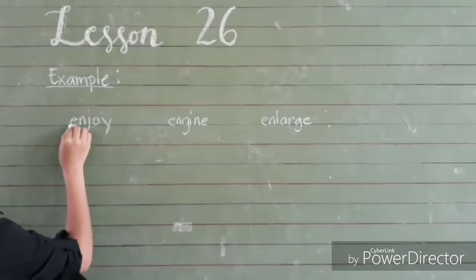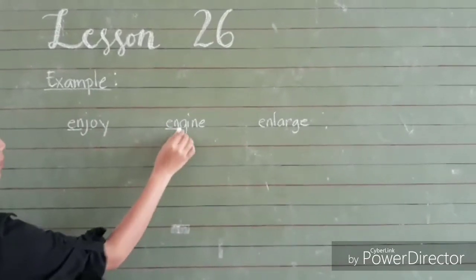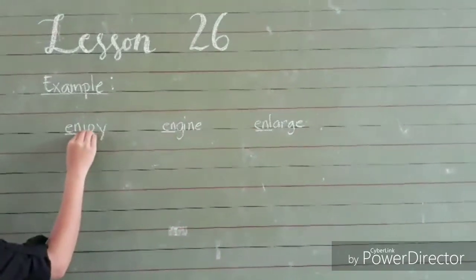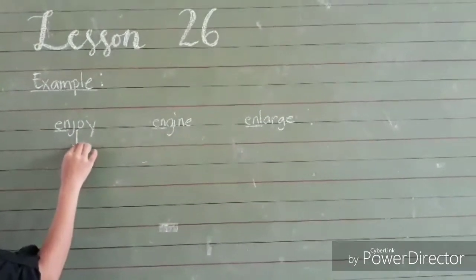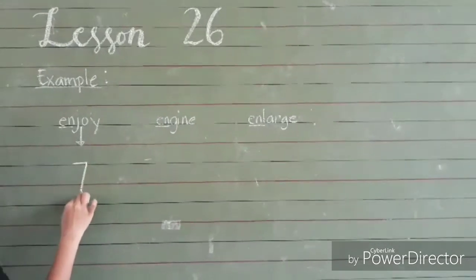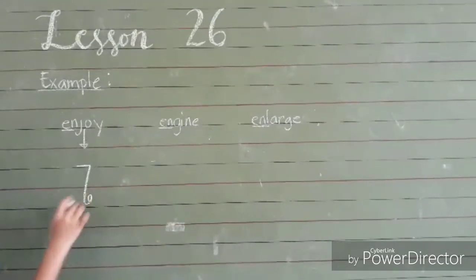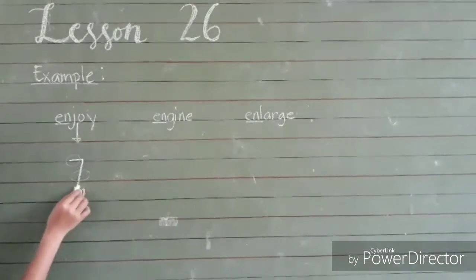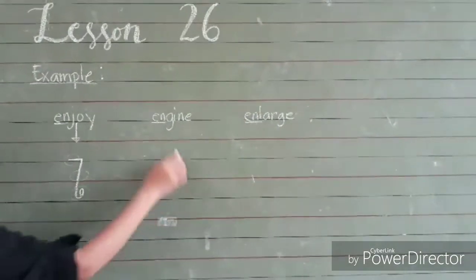Example: enjoy, engine, and enlarge. For enjoy, it is written as and represented by N, J, and OI.